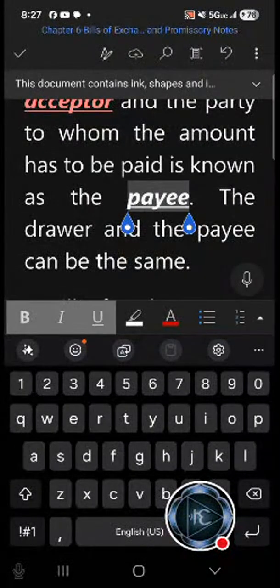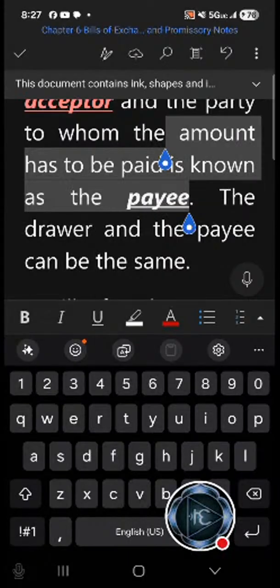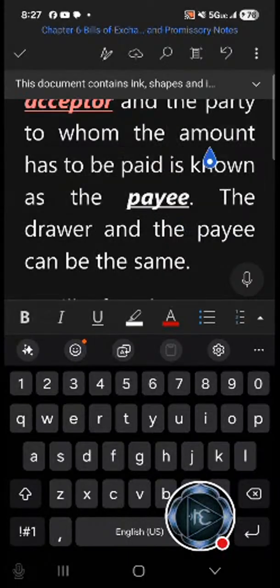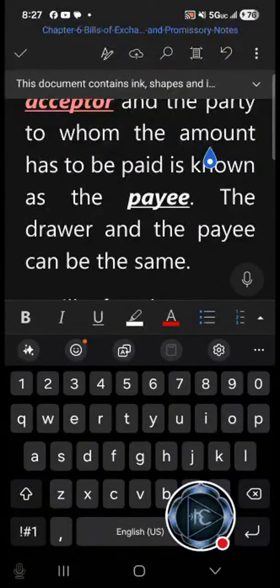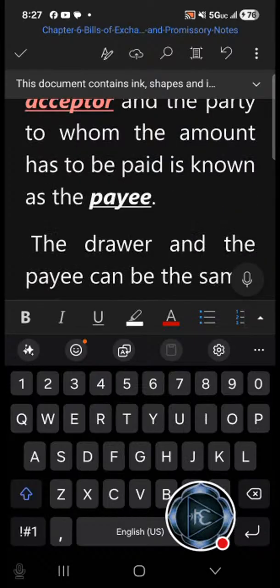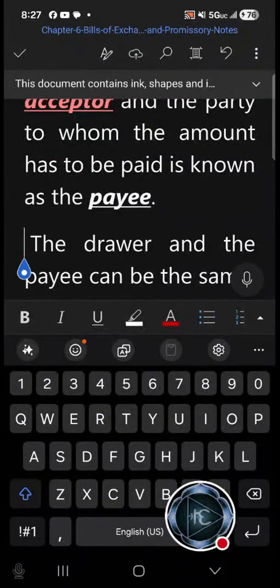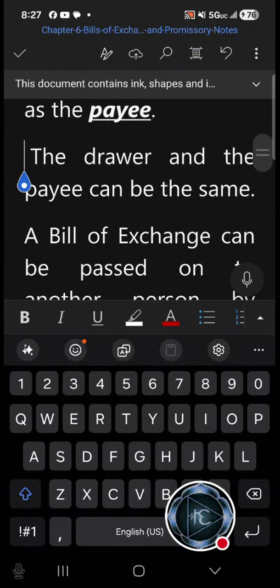The drawer and the payee, let's separate that, can be the same.